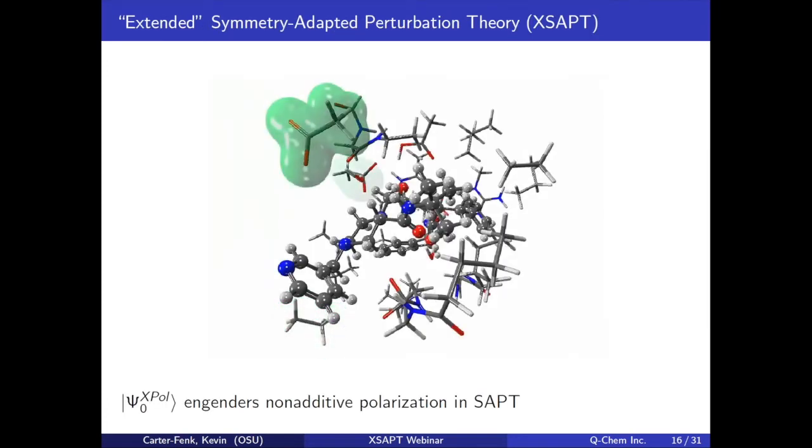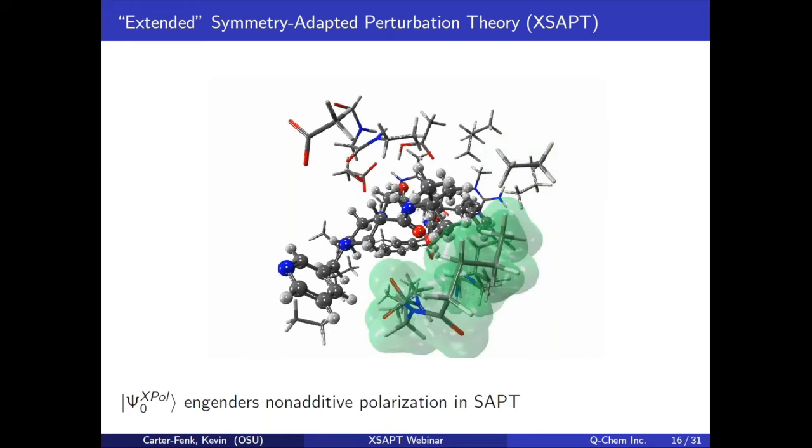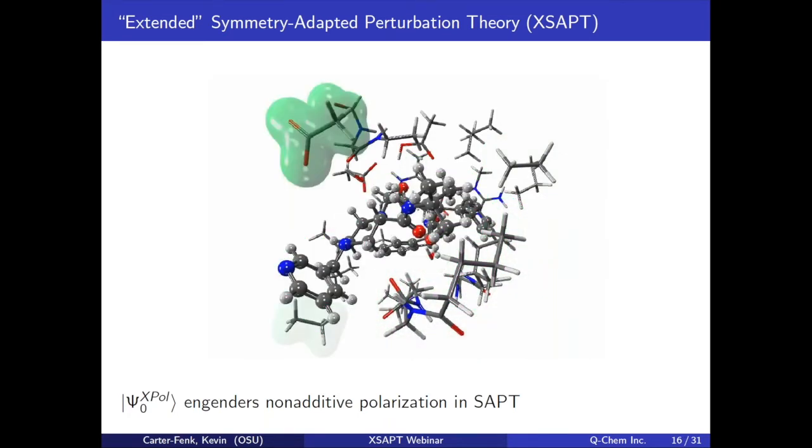So what we have done, what the X is in XSAPT, is the extended version of symmetry-adapted perturbation theory, where we variationally optimize the monomer wave functions with what is known as the X-pol approach, or the explicit polarization approach.